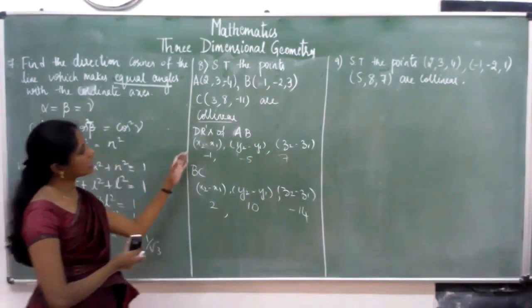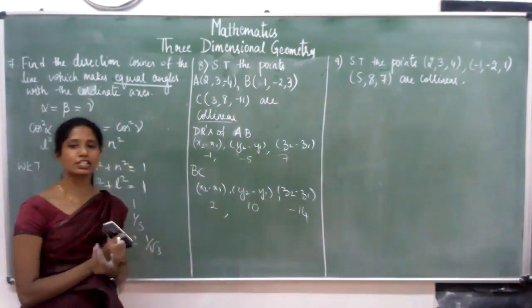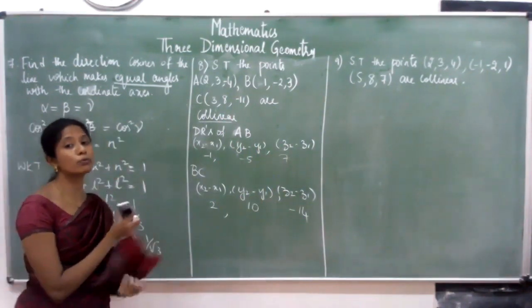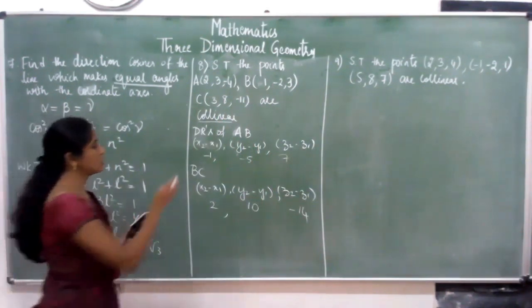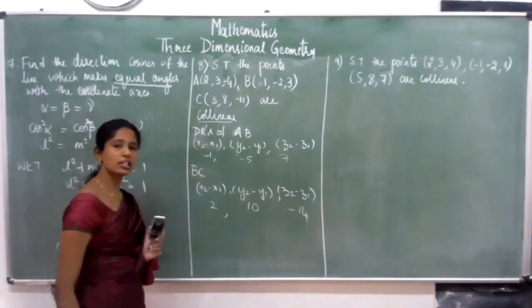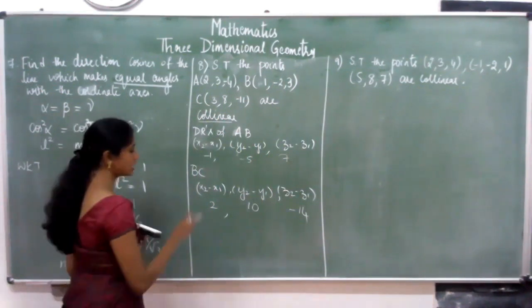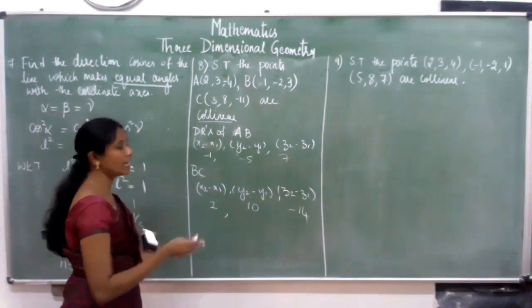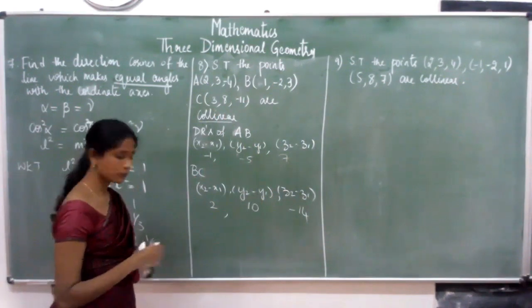Now you see the direction ratios of AB and the direction ratios of BC are proportional. Therefore, I can say that AB and BC are parallel.